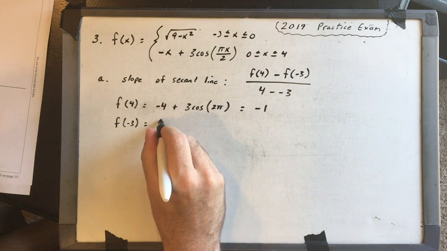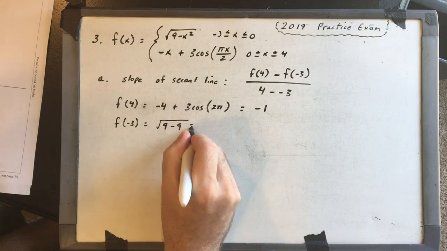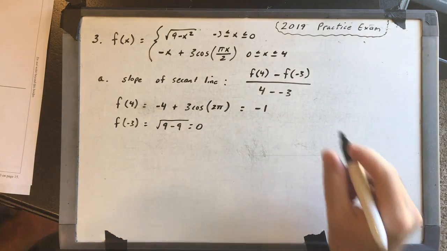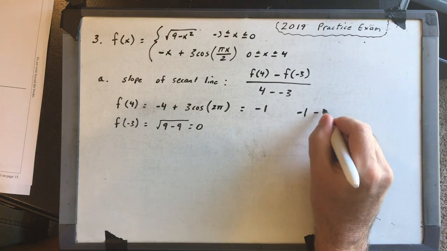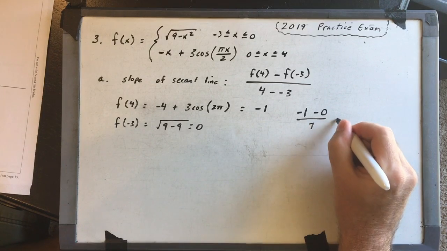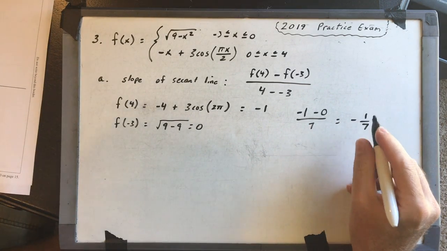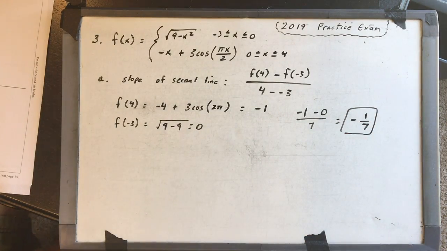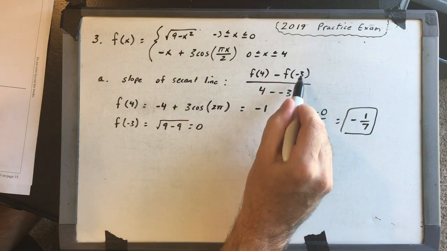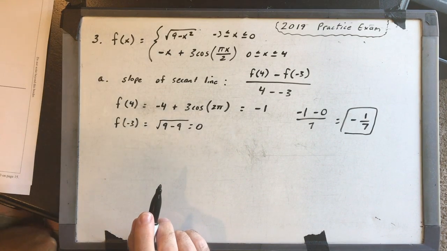So that's the square root of 9 minus 9. So that is 0. So the slope is going to be negative 1 minus 0 over 7, which is negative 1/7. So that is the average rate of change between negative 3 and 4. Absolutely could be on the 2020 test. I'd be surprised if you didn't have one like that.